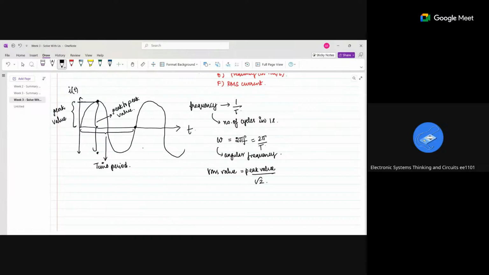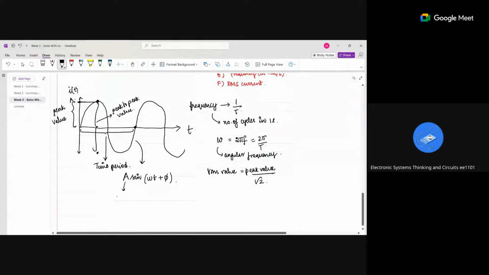Then what is the equation of a sine wave? If this peak value is A, the equation of a sine wave will be A sin(omega t plus phi). Here A is nothing but the peak value, not the peak to peak value.